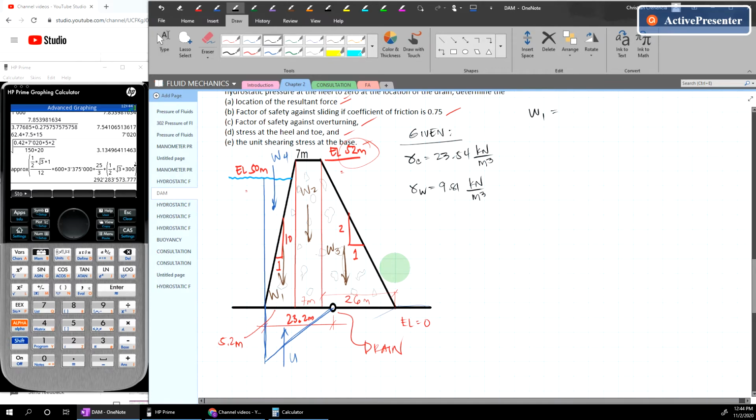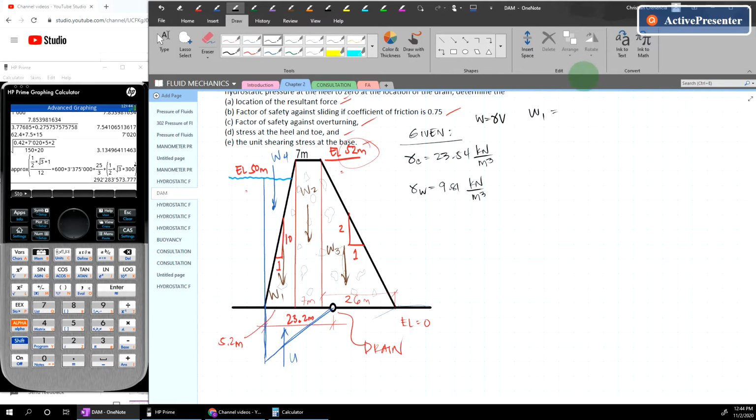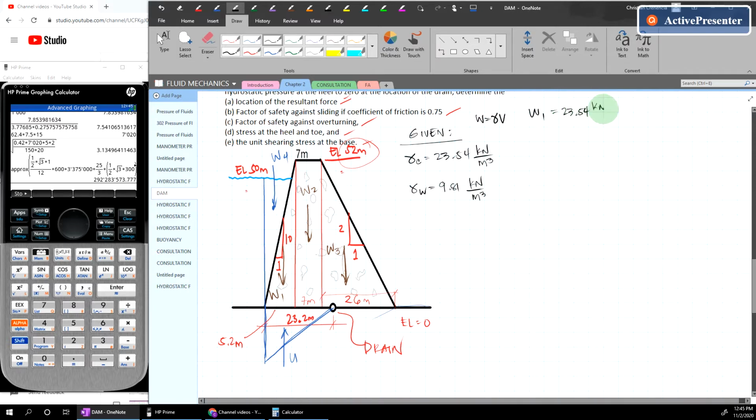Again, weight is equal to the specific weight times the volume. Solving for weight 1, ang specific weight ng concrete is 23.54 kilonewton per cubic meter multiplied by the volume. Yung area muna ng triangle is 1/2 times height natin 52 meters, and yung base natin is 5.2 meters.